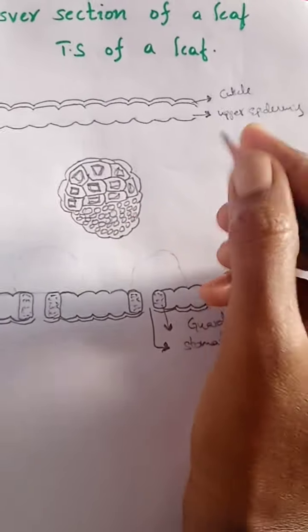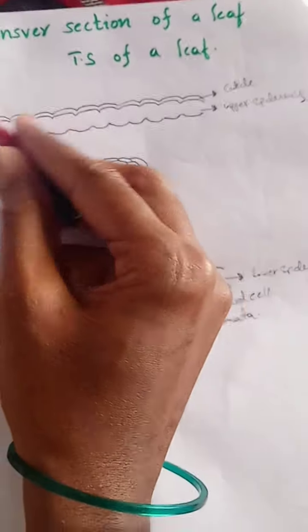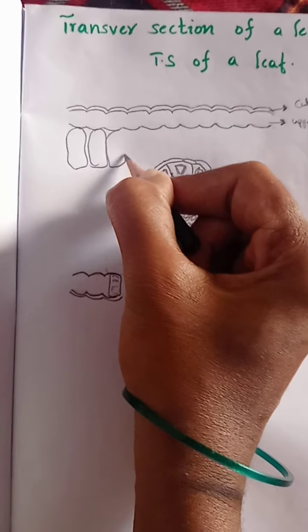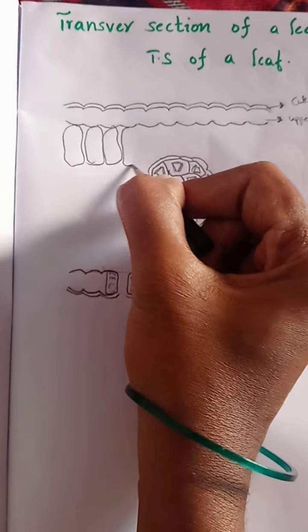Now I'll write this afterwards. Now we have to draw the palisade parenchyma. See the structure first, like this. It should touch. How you can draw the structure, it should be like this.